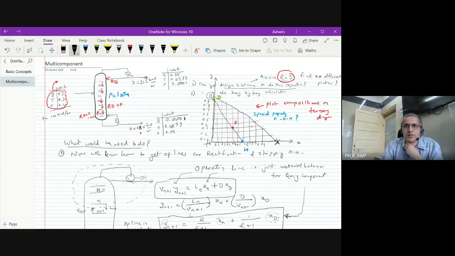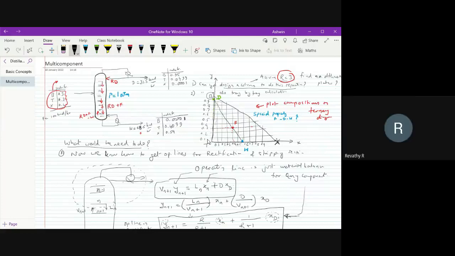Don't you notice something about this triangular diagram? One very important property we talked about: D, F, and W come in a straight line. Right.